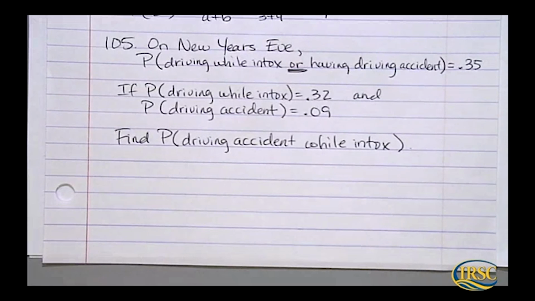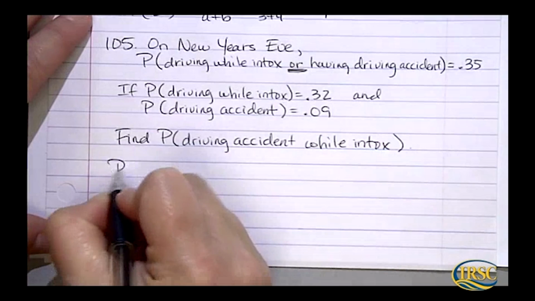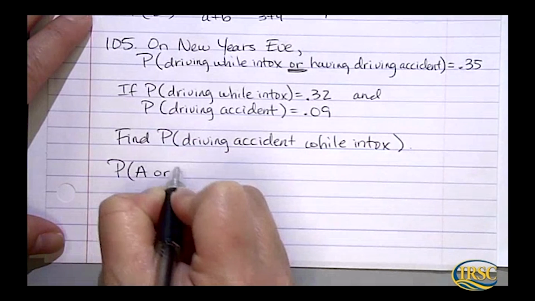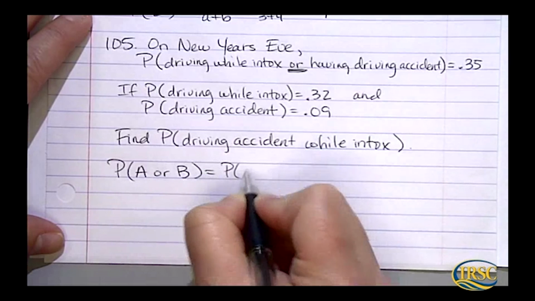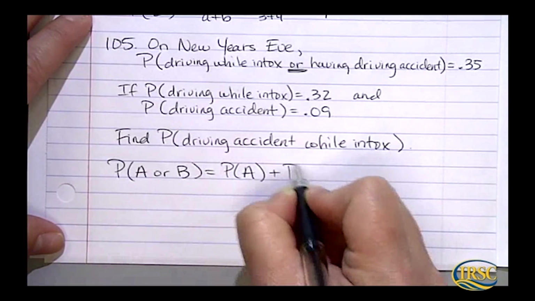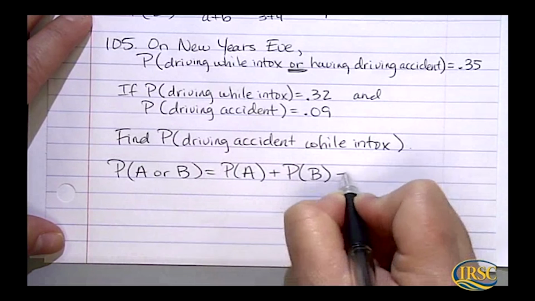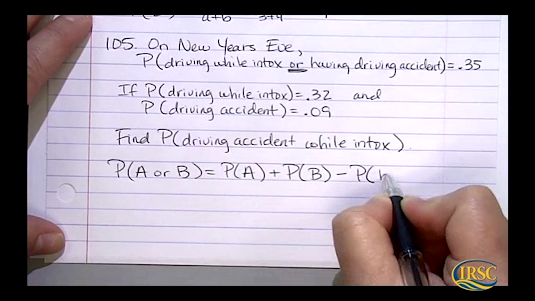You know what the probability is of getting in an accident. So they want to know what's the probability of doing both at the same time. So this goes back to the formula for or, when it's possible that two things can happen at the same time. So remember this probability. The probability of A or B equals the probability of A plus the probability of B minus the probability of both.